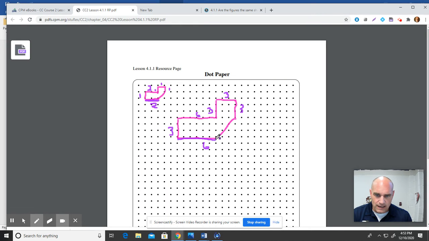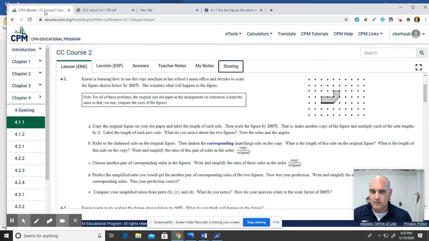It's the same side on the larger picture. So we're talking about these here are the corresponding sides. What is the length of this side on the original? What is the length on the side of the copy? Write and simplify the ratio on the pair of sides as copy over original.